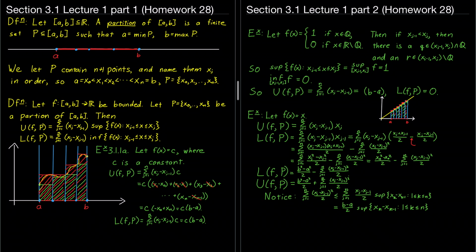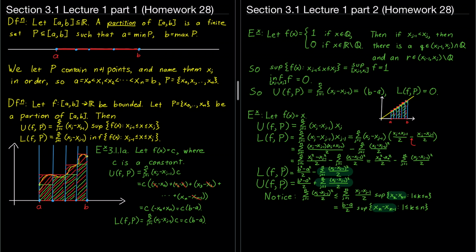So what we're getting at is that if you take a very fine partition, a partition where these different xk minus 1s are small, then we can force these whole error terms to be nice and small.